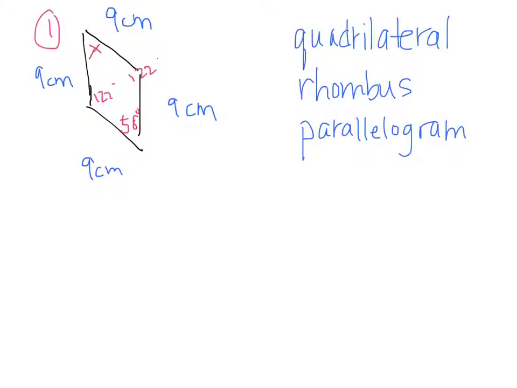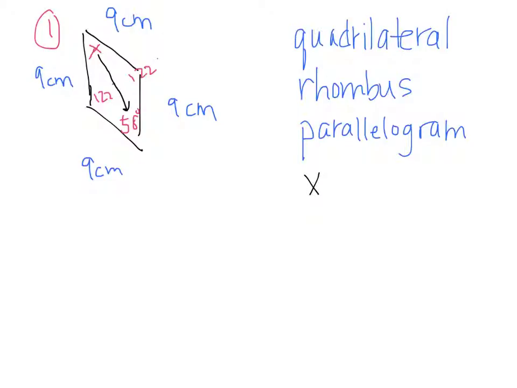That we don't technically need to do any type of calculation. We should automatically know what it is. Yuna? The opposite angles have the same measure. Very good. Opposite angles have the same measure. So if I look at the opposite side of where x is, what number is that? 58.